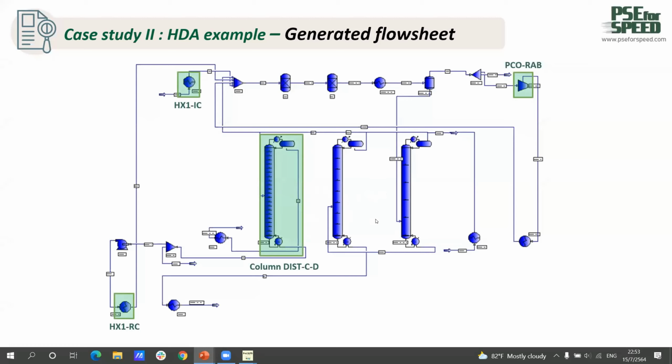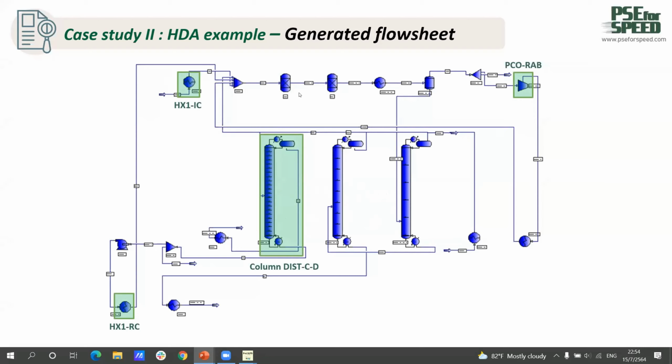To be clearer, if we have a look at the flowsheet generated by Pro2, the heat exchangers before the reactor for the compound C, the inlet, and for the recovery, and the distillation column, which was used for the toluene and benzene separation, and the compressor for the unreacted AB stream.